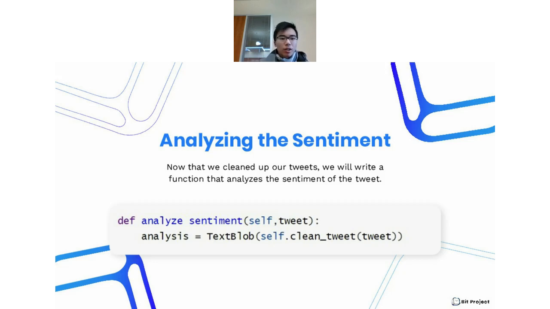Then we'll be using TextBlob to analyze it. So it'll be analysis equals TextBlob of self.clean_tweet. You can see we basically call our clean tweet function here. Right now we're just setting up our functions, and later on we'll be calling them.